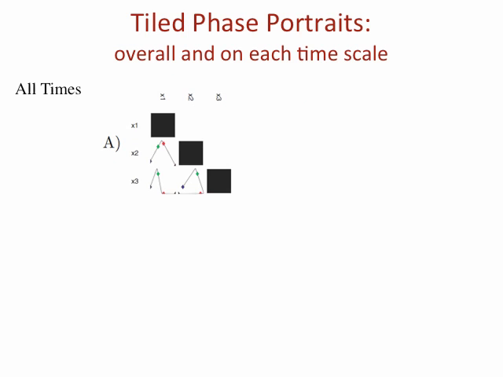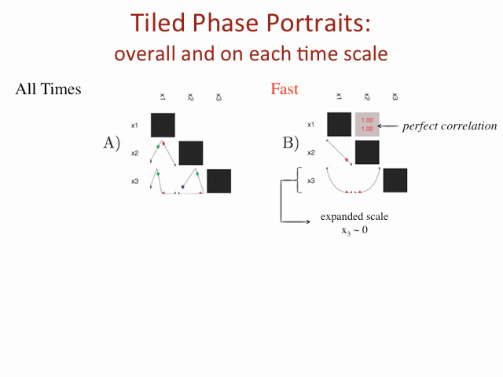I can take that dynamic response and plot it in the form of these tiled phase portraits, and I get a full response that is shown in panel A. It's complicated, and it's better to show this as 3 different sets of tiled phase portraits, each for one of the governing timescales.